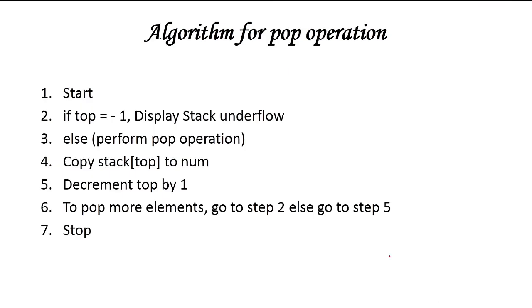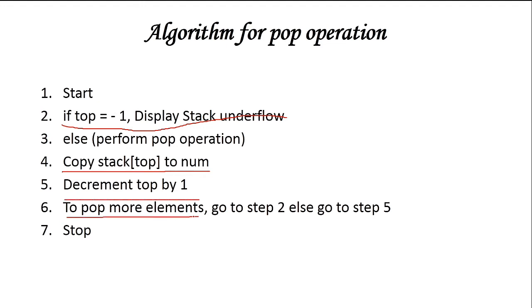Now how can we write the algorithm for this? Initially, if top is minus 1, display stack underflow, as I told. Till top is minus 1, you can repeat the pop operation. Else perform the pop operation. So how can I do the pop operation? Copy stack of top to num, decrement top by 1.